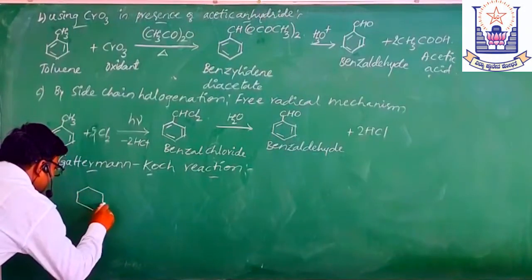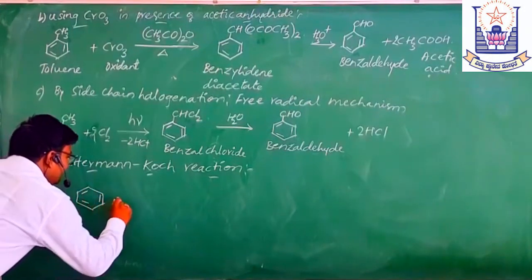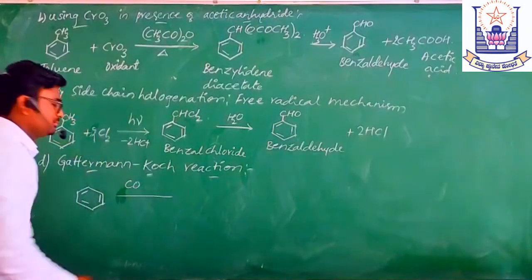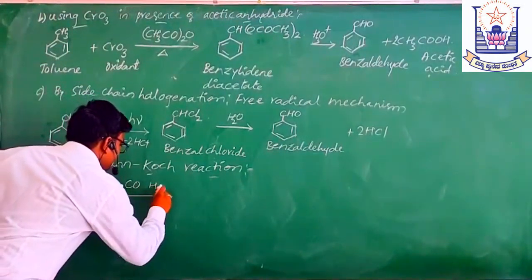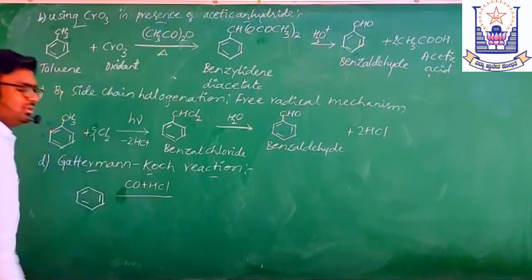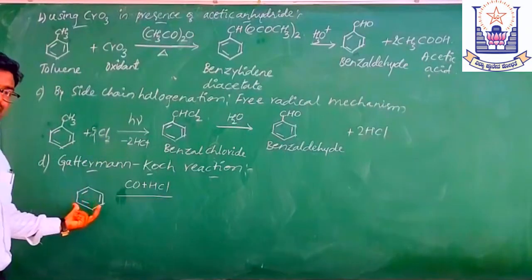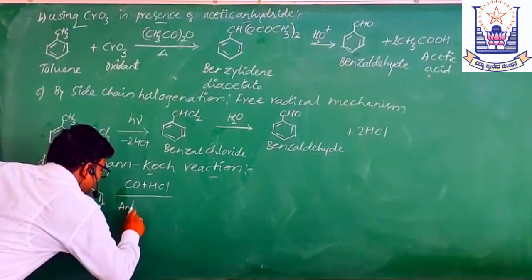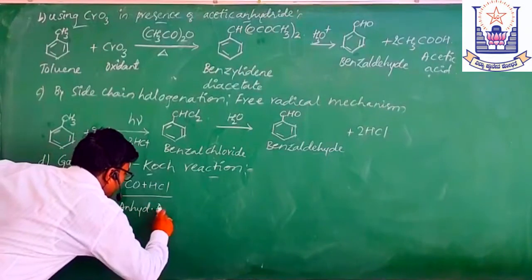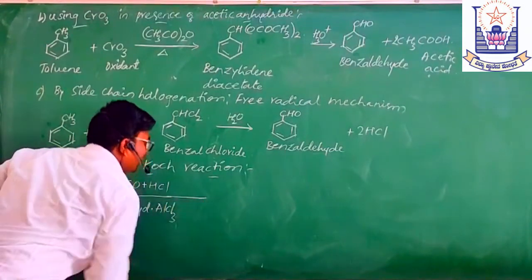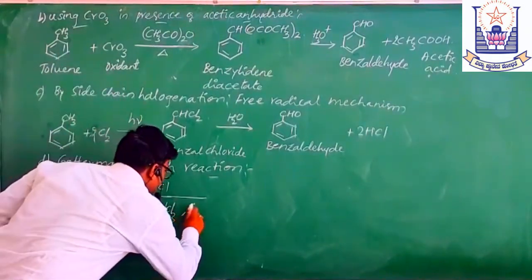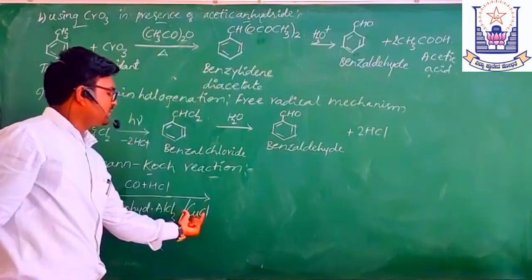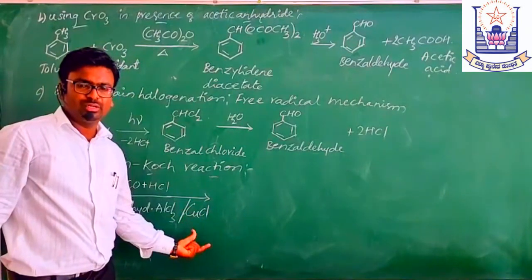When benzene is treated with carbon monoxide and HCl, you can take plus or comma, anything. When benzene is treated with carbon monoxide and HCl in the presence of anhydrous aluminum chloride or CuCl, this is called cuprous chloride.